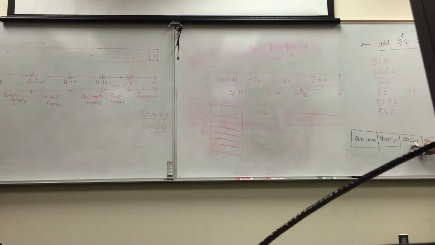RS is done, RT is done, destination is done, even the shift is done. So what's the function? No, opcode is zeros. That makes sense. Is that what's in the book?